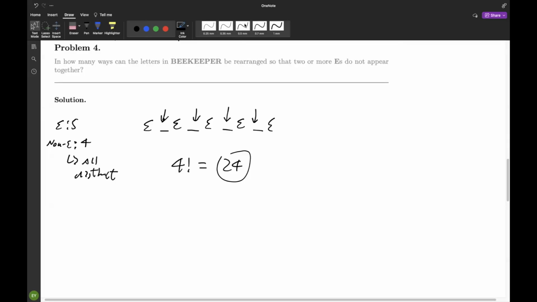Because they're all distinct, we don't really have to consider that case. So we have 4 times 3 times 2 times 1, which is 24. Did you guys understand? Or do you have any other questions based on this solution?